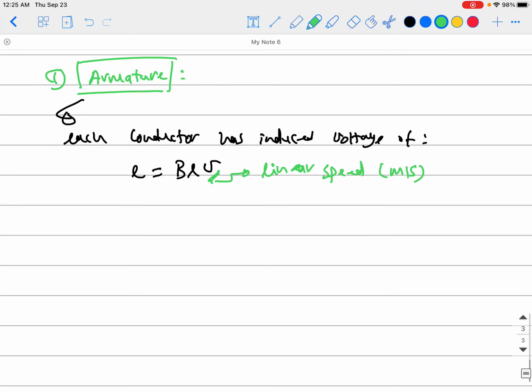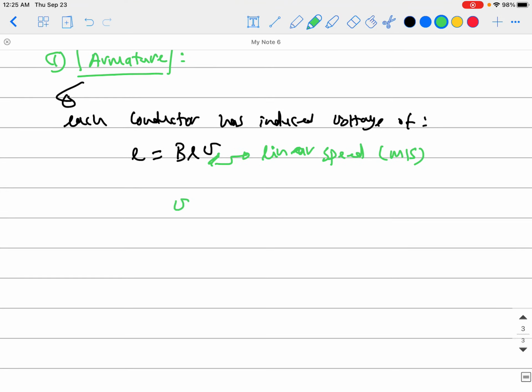But actually we don't like this linear velocity, so I will say that V = ωm × R. This equation is known from your mechanical courses, where ωm is the mechanical angular speed in radians per second.